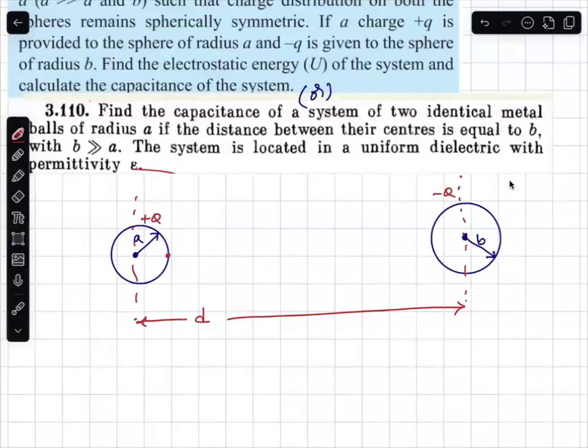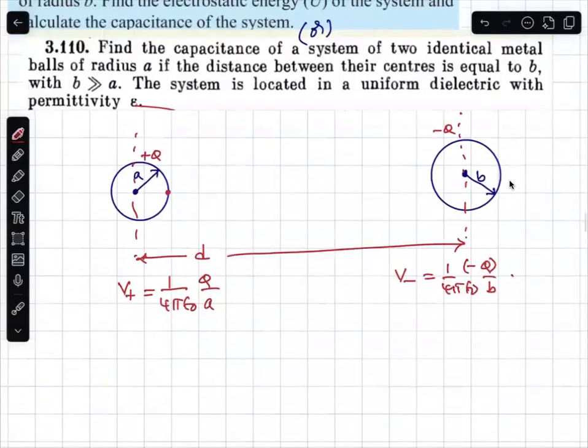Right. Now, what is the potential of the positive sphere? I will write this as 1 by 4 pi epsilon naught Q by A. Agreed? I will write this one as 1 by 4 pi epsilon naught Q by B minus Q by B. Agreed?